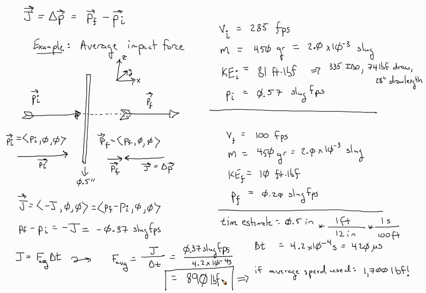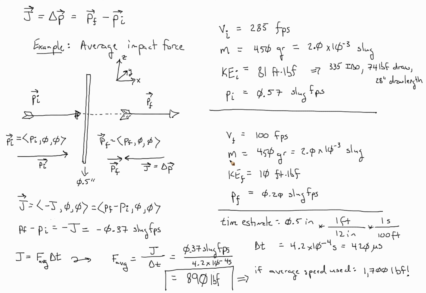And you're just not going to get it without recognizing that the force is the interaction force, or the strength of interaction between the arrow and the board. It's not something that the arrow actually has with it. It doesn't have 890 pounds of force. It doesn't have any force. The force is what is actually happening. What is the strength of interaction as this thing punches through? So that's one thing that's interesting.